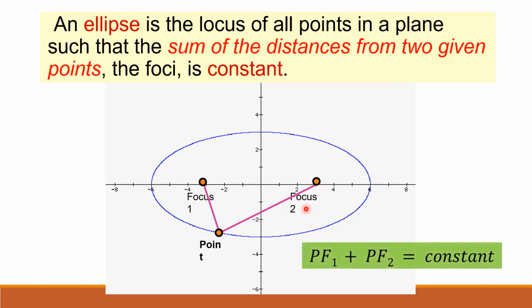So mathematically speaking, that means if we denote this point as P and this focus 1 as F1 and focus 2 as F2, that means PF1 plus PF2 equals constant, meaning the distance of the point from focus 1 plus the distance of the point from focus 2 is a constant. Okay? Medyo makulit pero that is a very important thing to emphasize here.